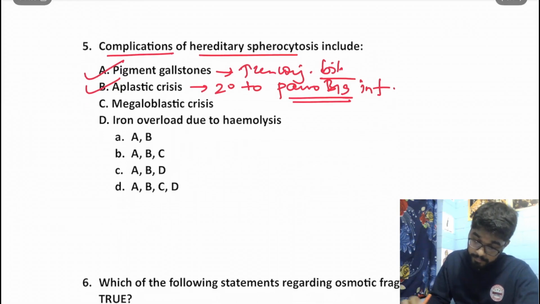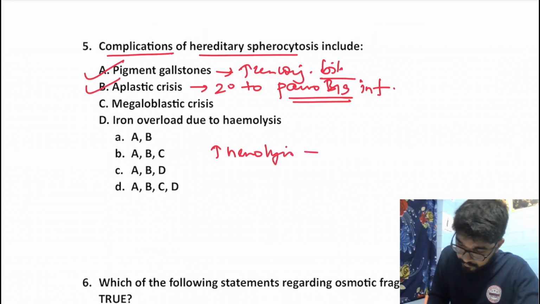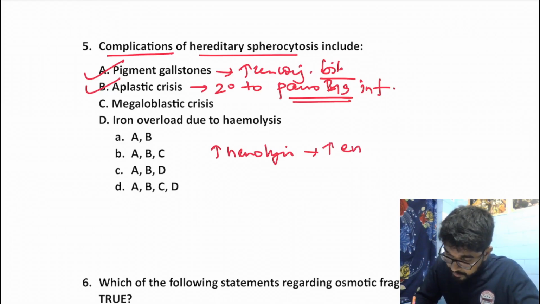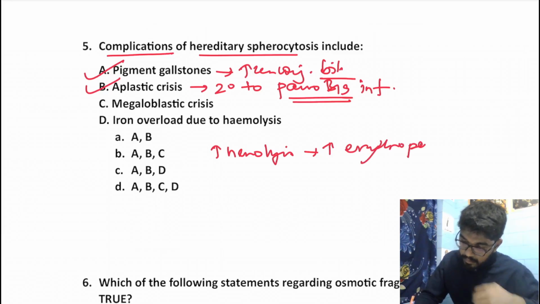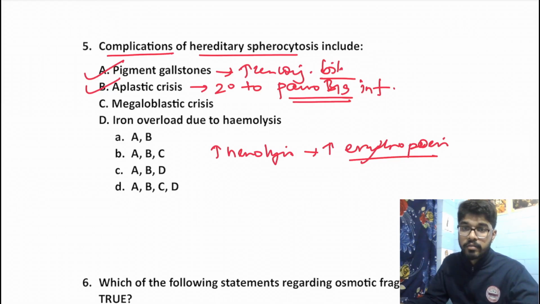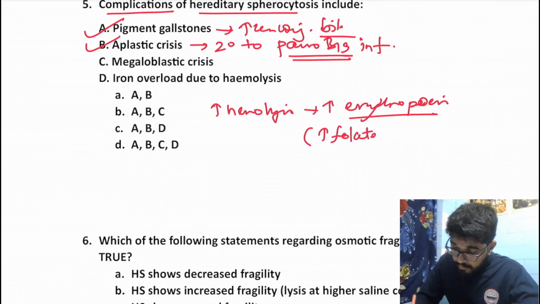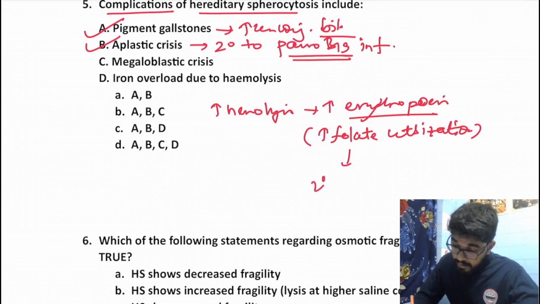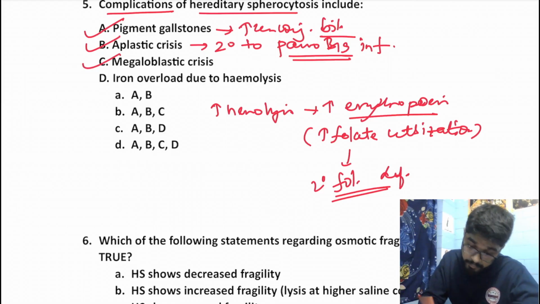Megaloblastic crisis. Now what happens due to increase in hemolysis: there will be a compensatory increase in erythropoiesis by our body. Increased erythropoiesis would result in increased folate consumption, increased folate utilization, as a result of which we would get a secondary folate deficiency, and this secondary folate deficiency would trigger a megaloblastic crisis.